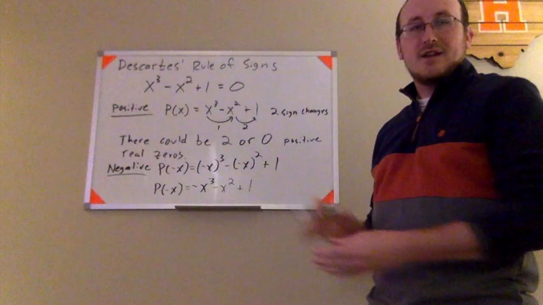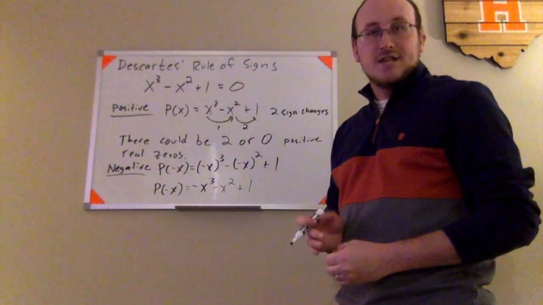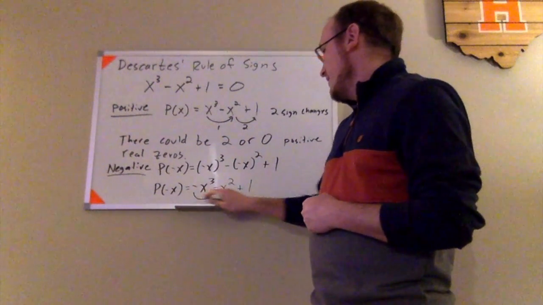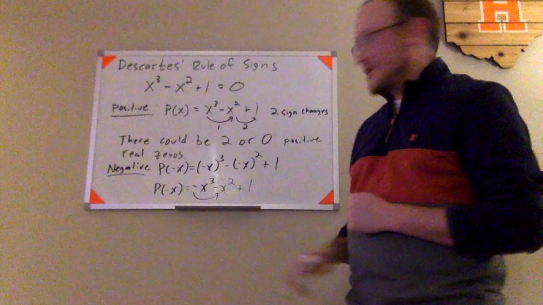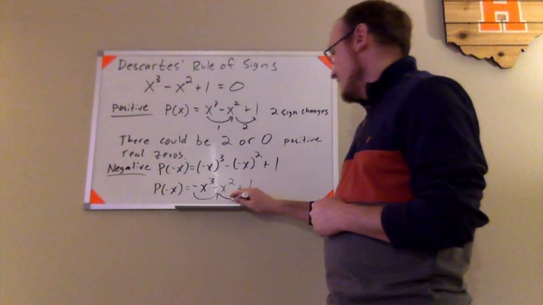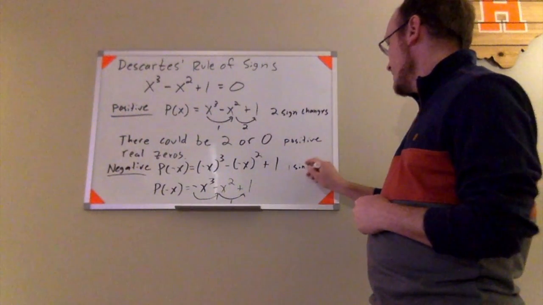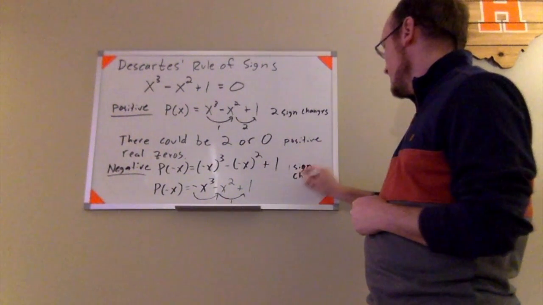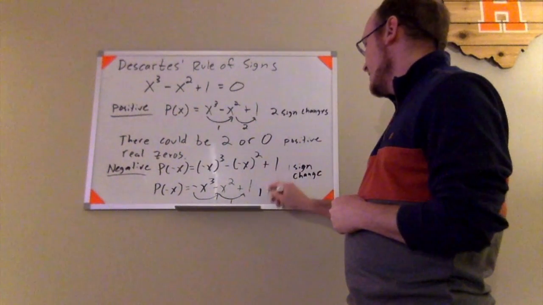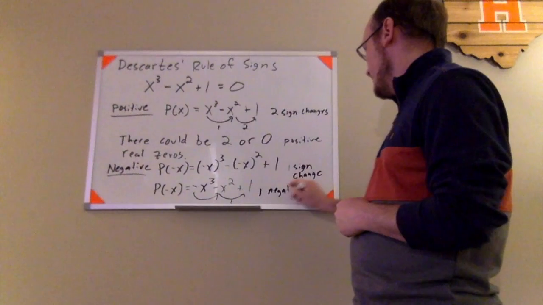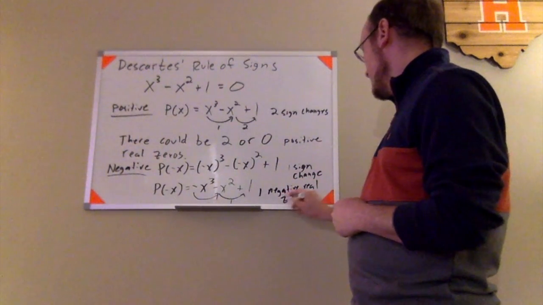So now that I've figured out what p of negative x is, now let's look at the sign changes. I go from negative to negative. There's no sign change there. And then here I go from negative to positive. There's one sign change for this one. So one sign change means that there is one negative real zero.